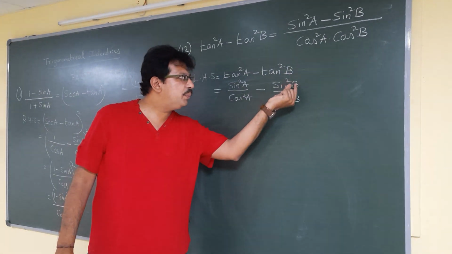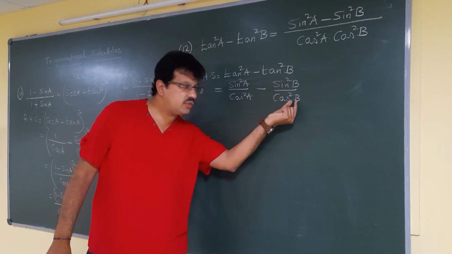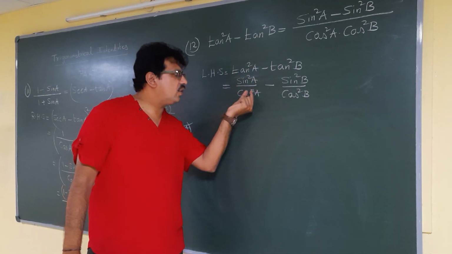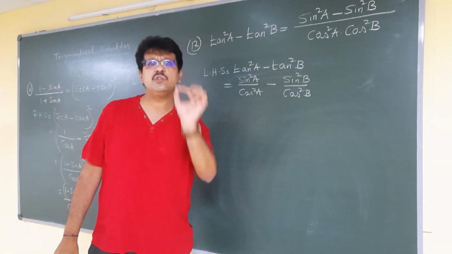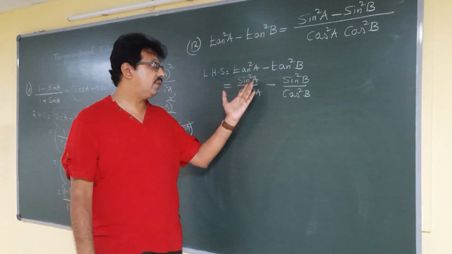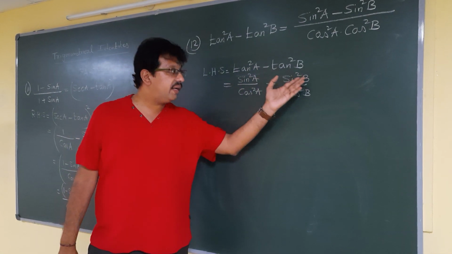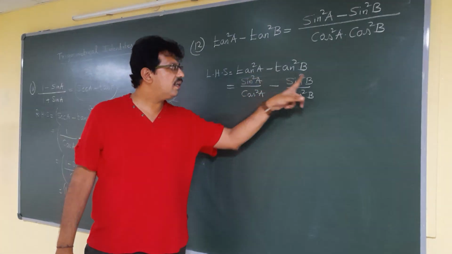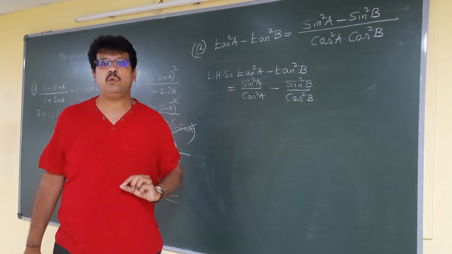Please don't forget to write this B. Sin square B by cos square B. Here A, the angle is different. Sin square A by cos square A. These are small things. You have to be very careful, because I have seen many of them write A here and then write A here also. That's going to be wrong for you, because the angles are different. So be very clear about this.